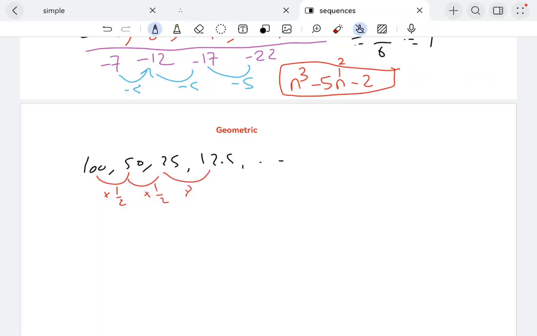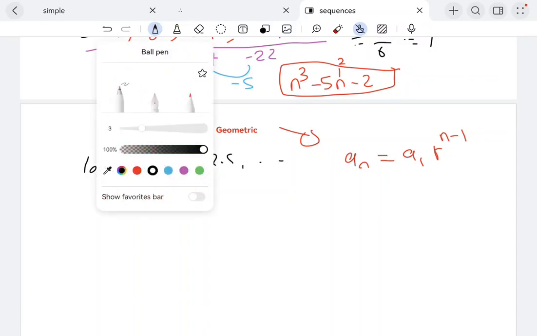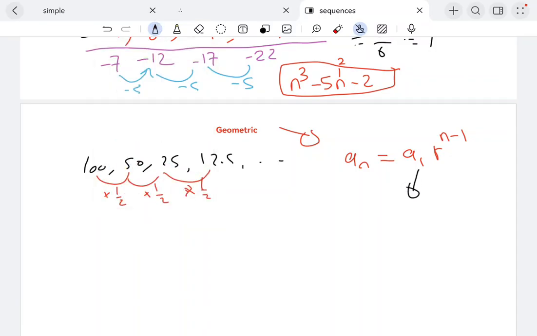Just say multiply. Okay. What you need to know about the geometric sequence is that an, if you want the nth term, is going to be a1 times r power n minus 1. Amazing. Easy. What is a1? The first term. What is r? The common ratio.